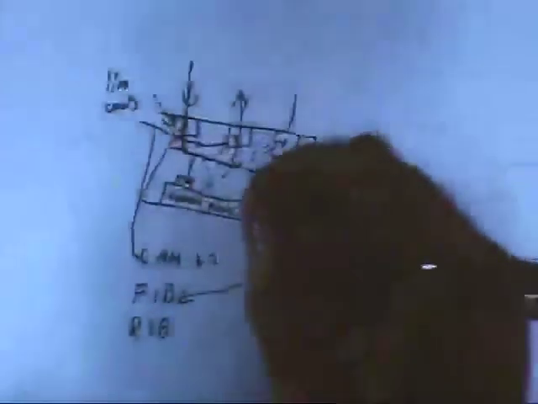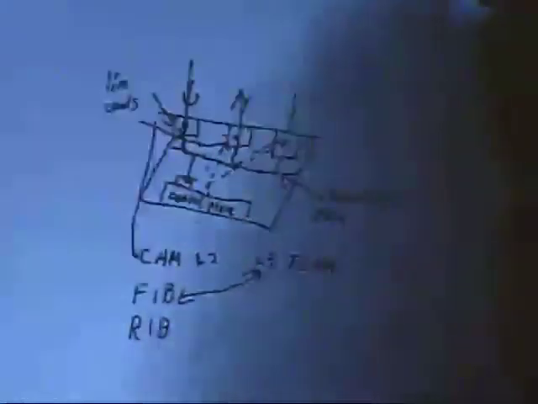The control plane keeps inside it a list, sort of like that learned list of destination, port, and next hop.